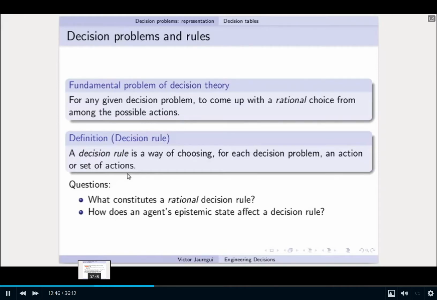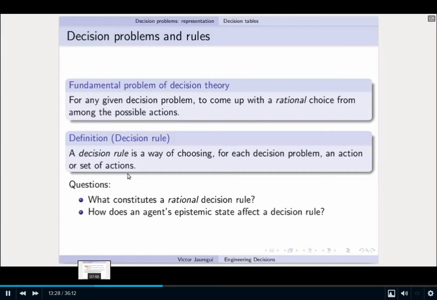The decision maker will add on top of those structural elements their own personal preferences over those outcomes, deciding which outcomes are good or bad, placing a value on them, and also, given their state of information, having some belief on the likelihood of the different possible states, and therefore the different possible outcomes subject to performing an action.